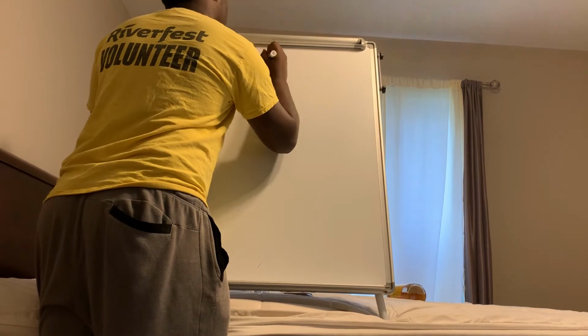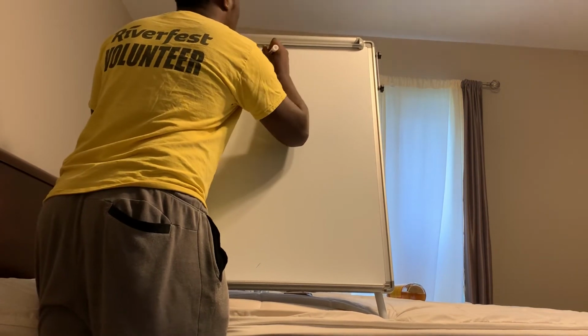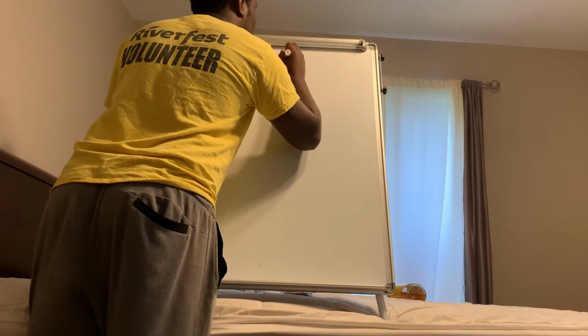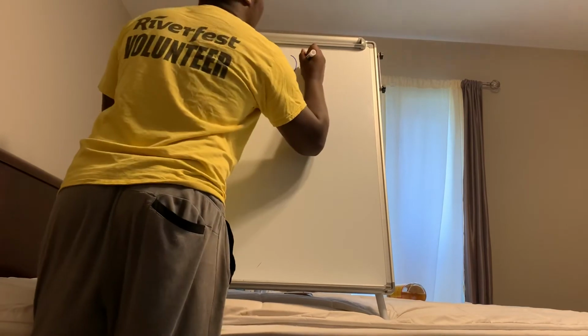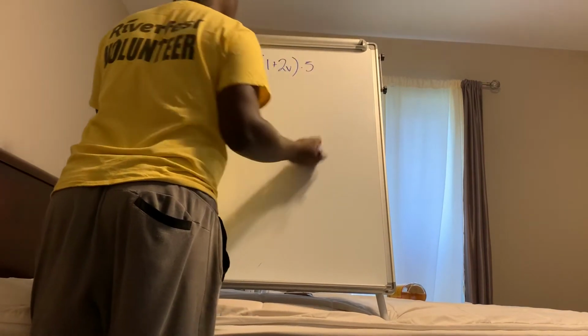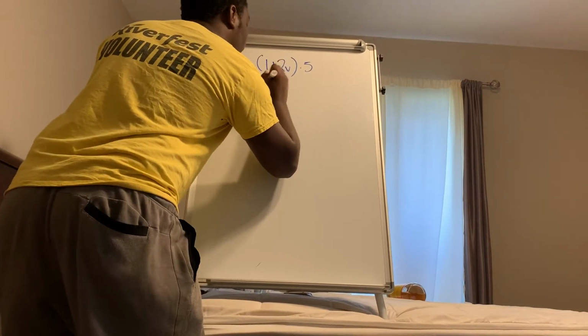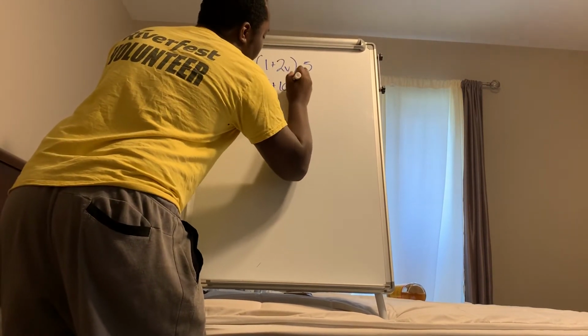We have 1 plus 2v times 5. Distributive property, 5 plus 10v.